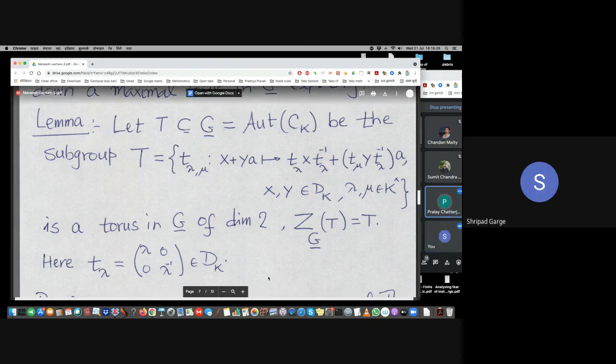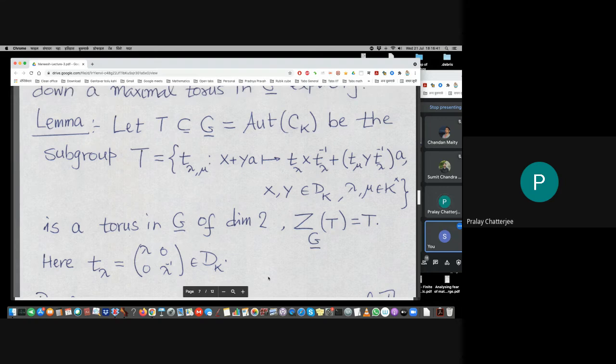Can you please explain why this t mu y t lambda inverse is of the form C y C inverse?